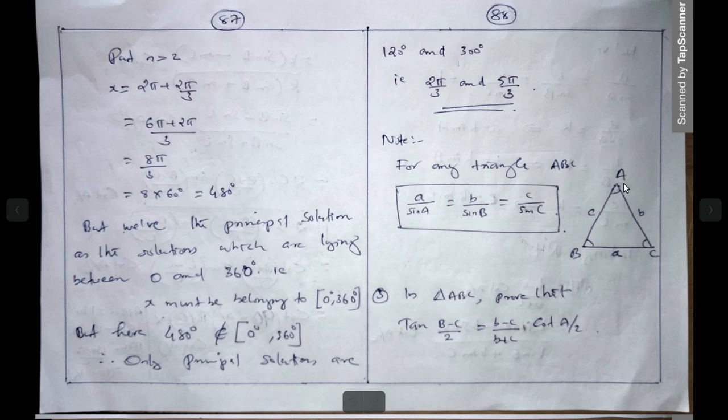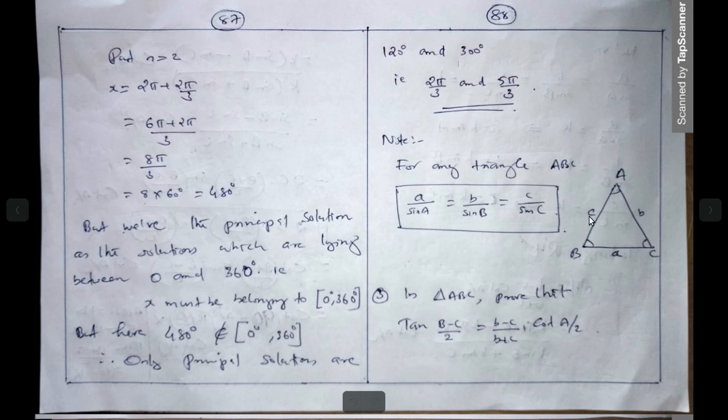Here, capital A is the angle, and the corresponding side is small a, which is the side BC. The side AB lies just opposite to the angle capital C, therefore this side is denoted by small c.